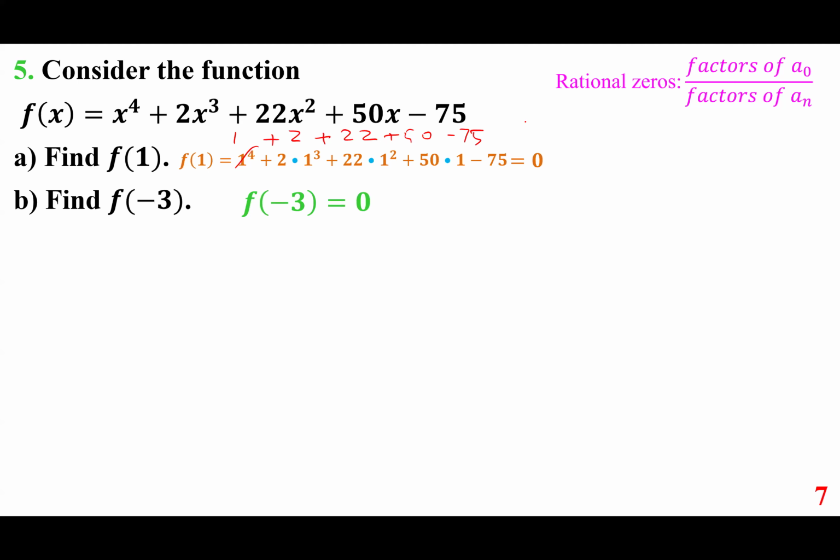Now, I'm going to leave it for you to evaluate f of minus 3, plug in, and you do get 0 also. So again, you have to just plug it in and evaluate it, everybody. As I mentioned, I'm going to leave it for you to do so.